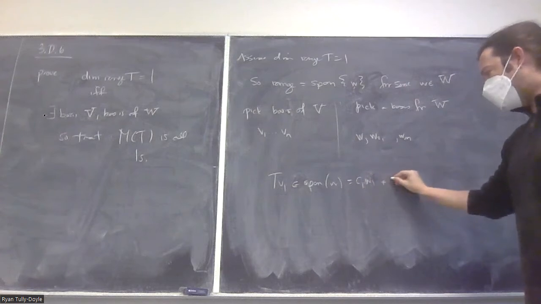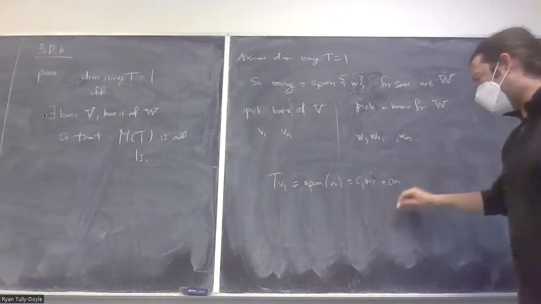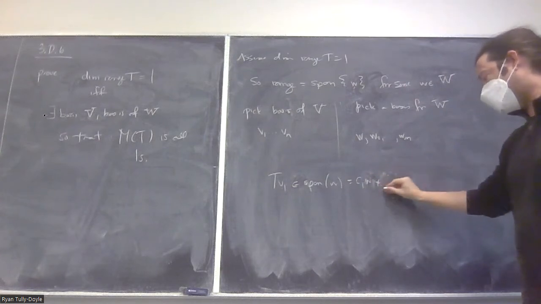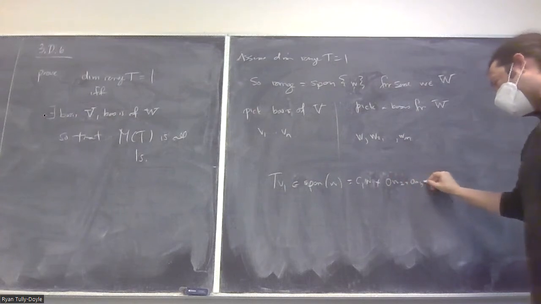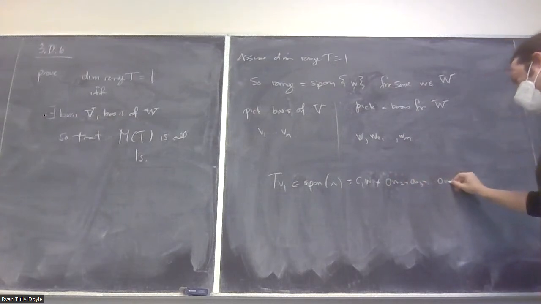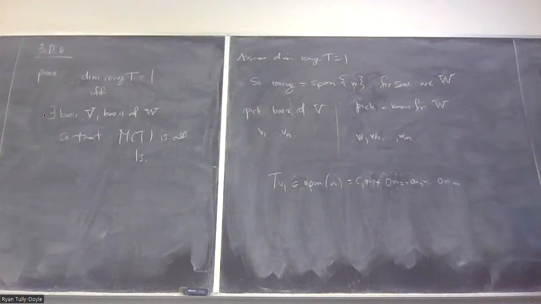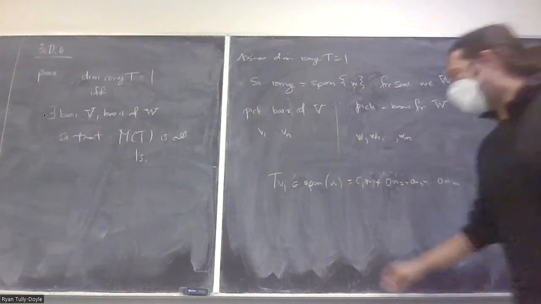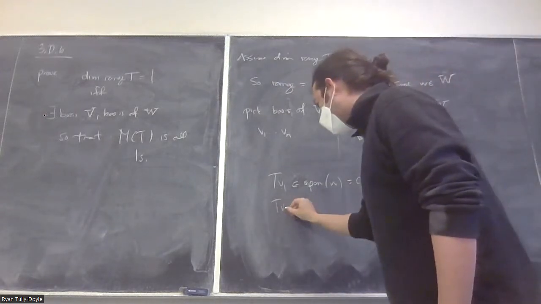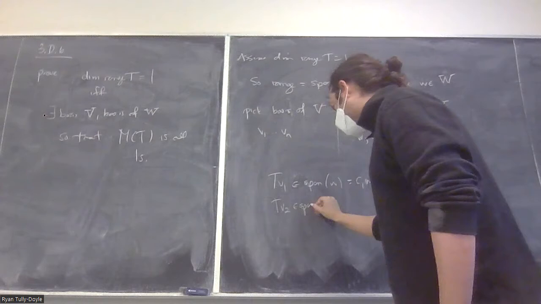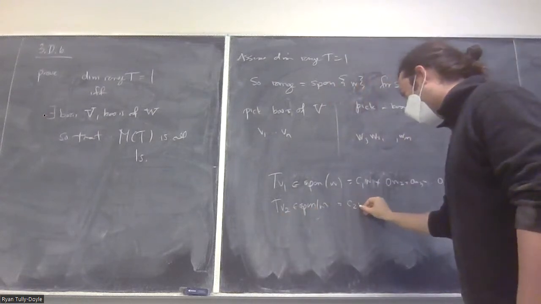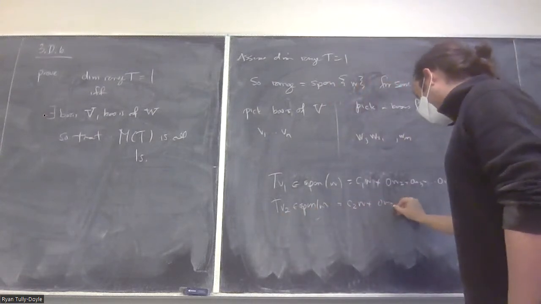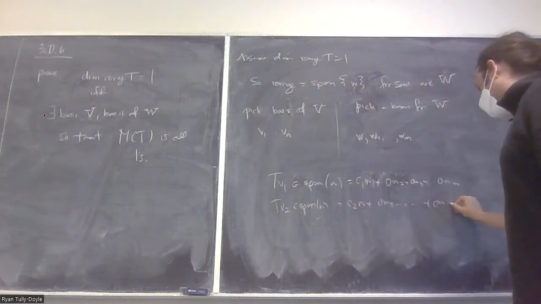And that means it's 0 times W2, 0 times W3, out to 0 times Wm. And likewise, each basis vector here is going to end up with a different vector stuck to it. So this will also be in the span of W because the range is one dimensional, which means this is C2 W1 plus 0 W2 out to 0 Wm.